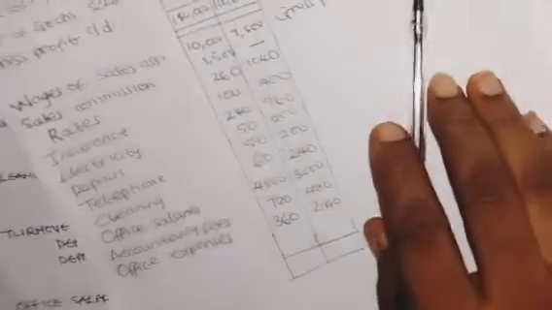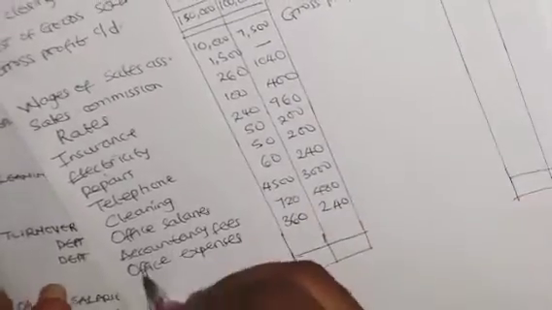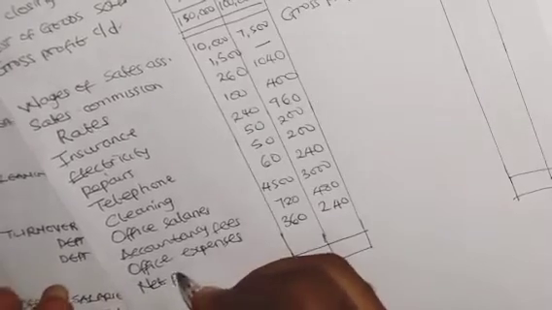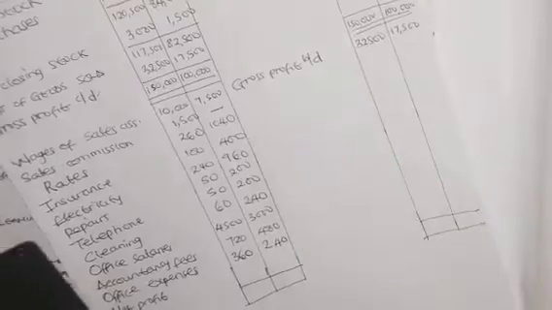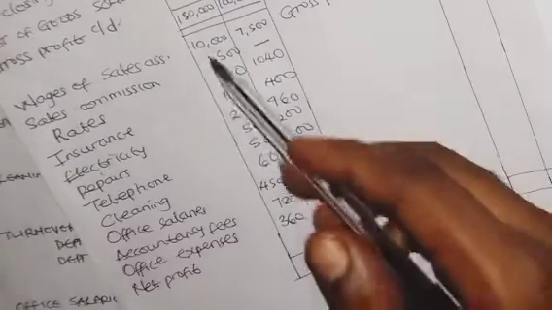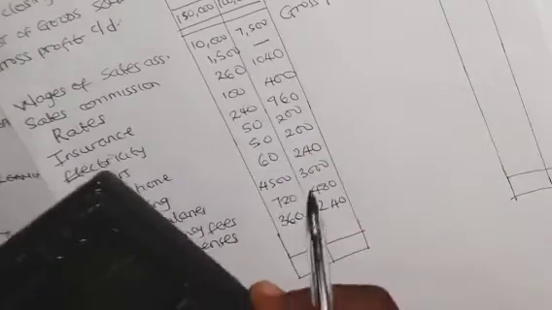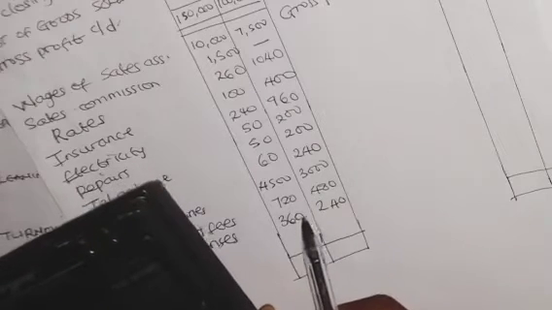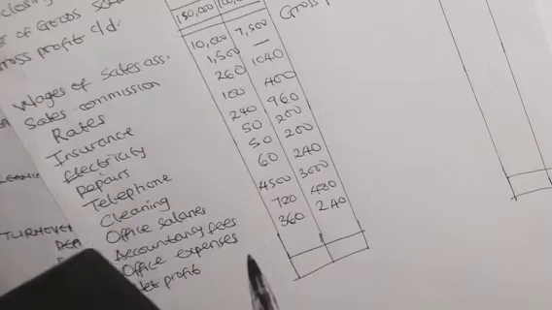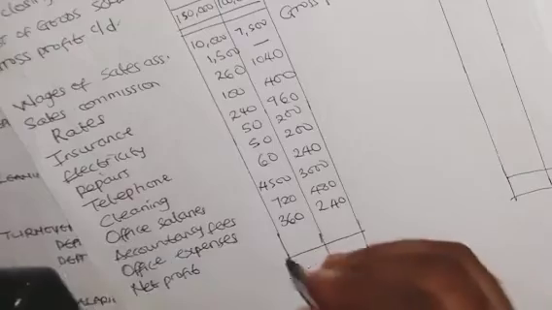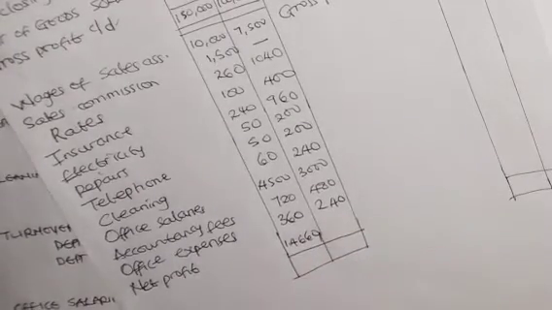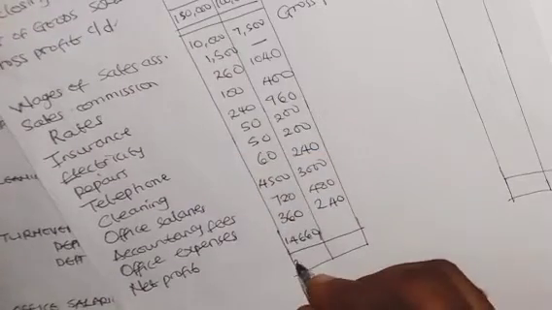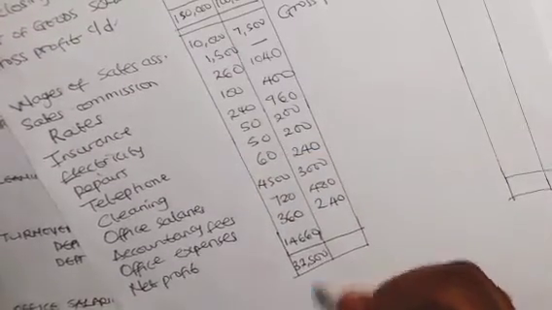So it is less than this. It means there's a net profit here for department A. So 32,500 minus 17,840, which is the expenses for the side, will give us 14,660. When you add it together, it gives 32,500.